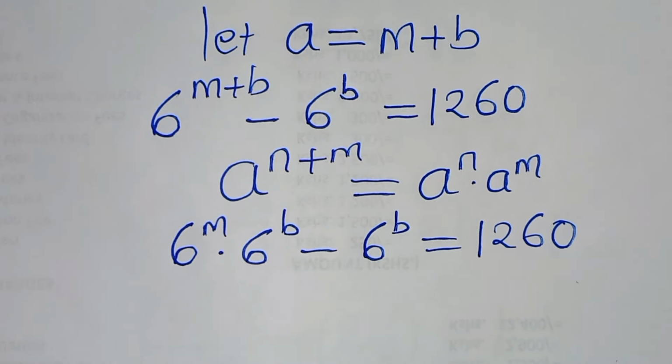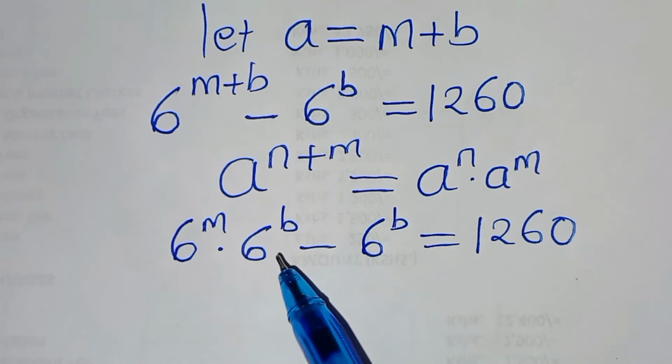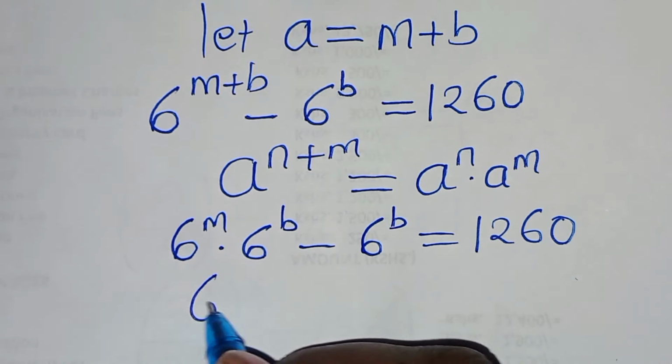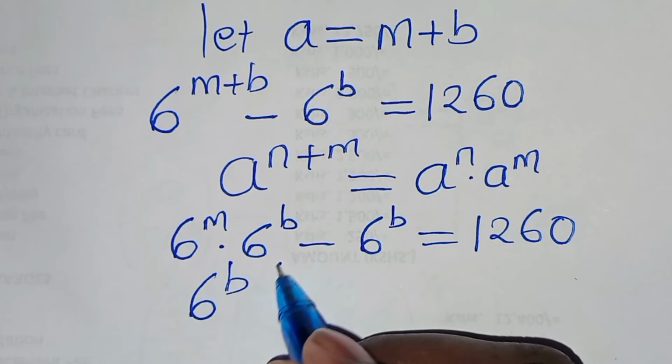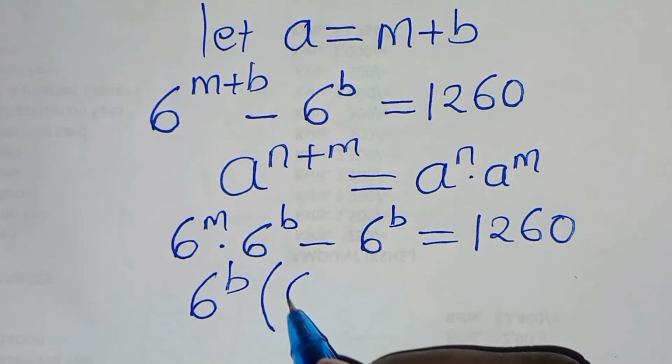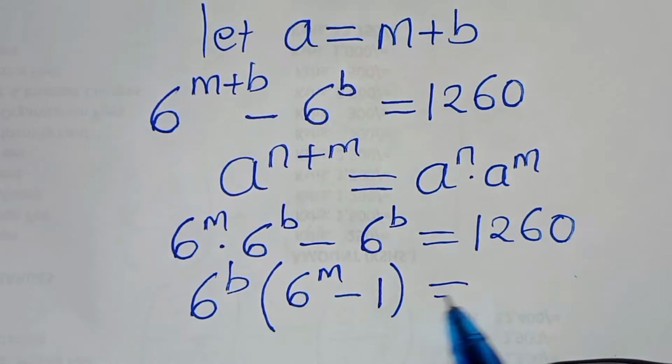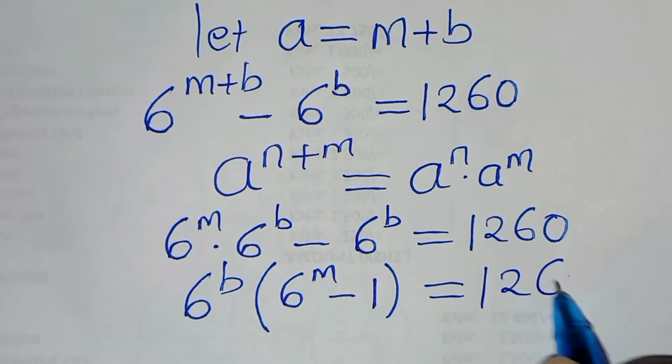Now 6 to the power of b is common here, so let's factor it out: 6 to the power of b, into the parentheses 6 to the power of m, subtract 1, equal to 1260.